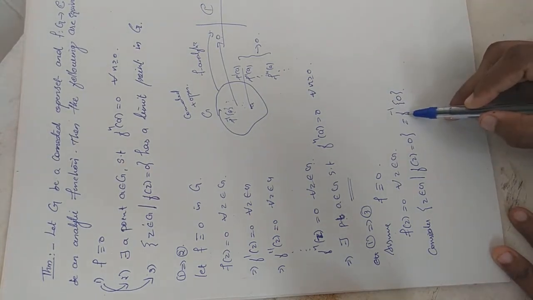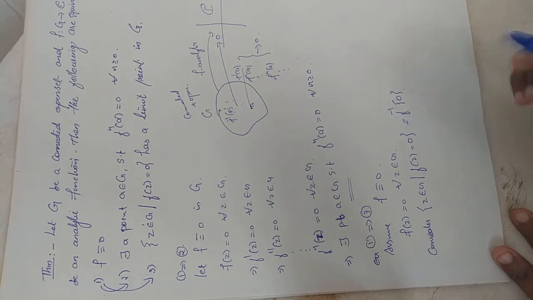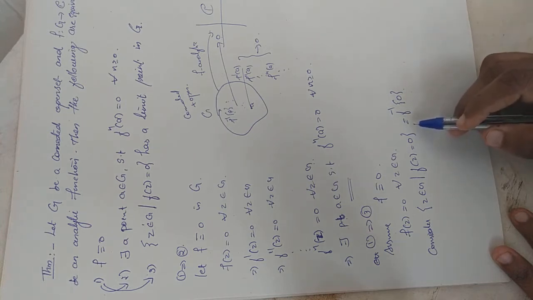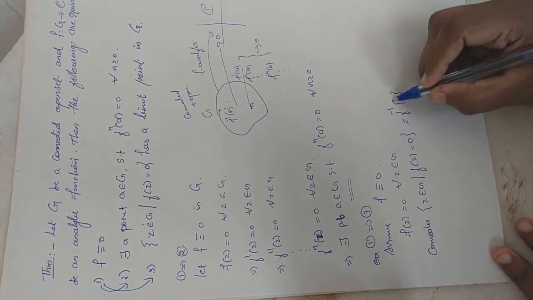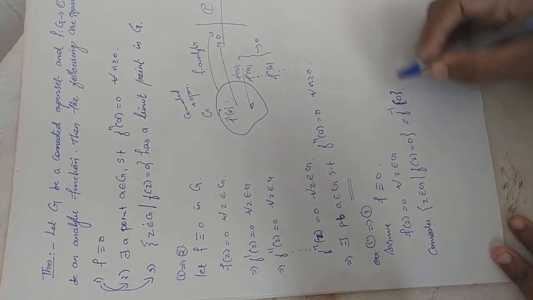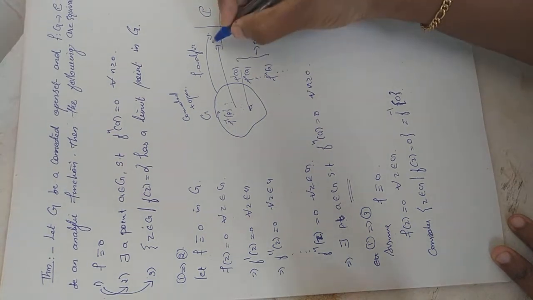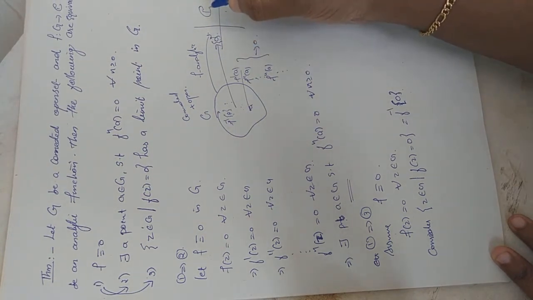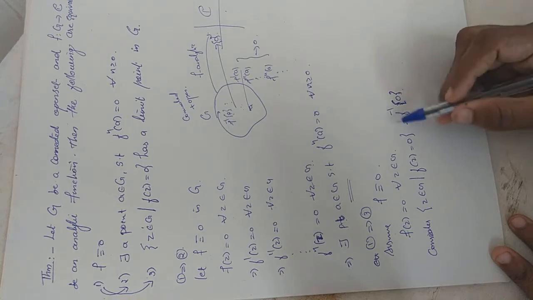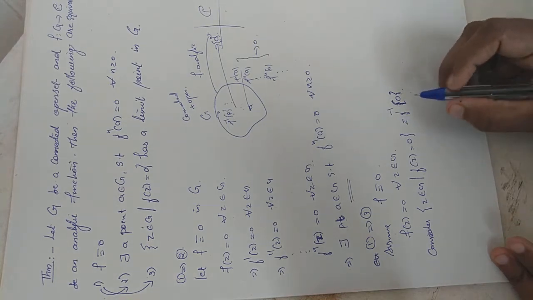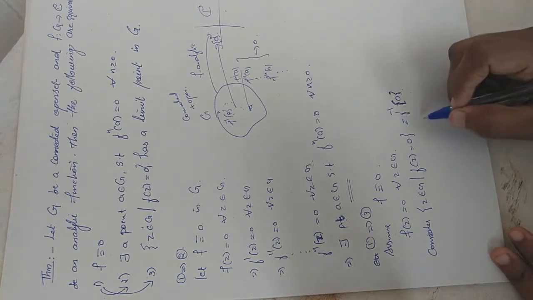Since the function f is analytic, it is continuous also. And what is the singleton set 0? The singleton set 0 is a closed and compact set in the complex plane. Then the inverse image will be a closed set.